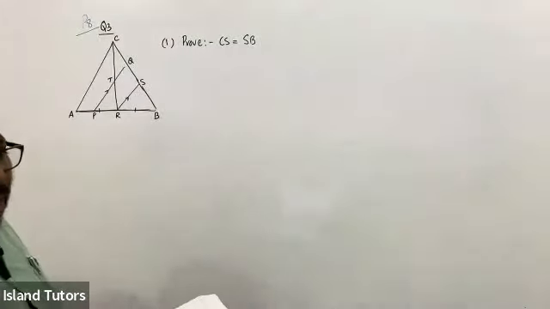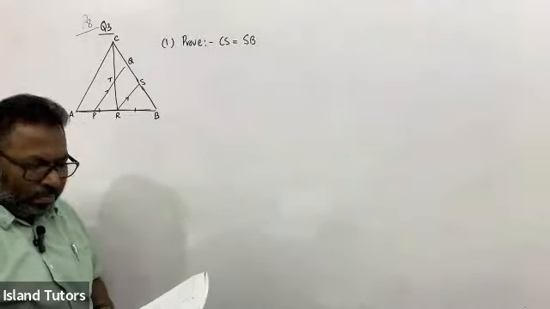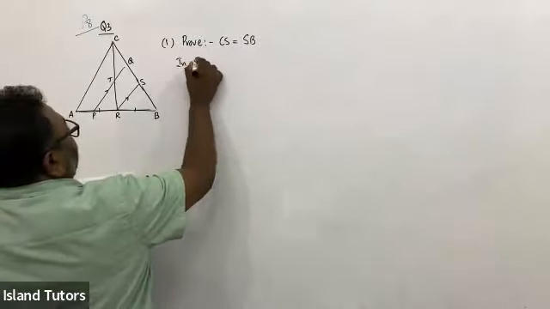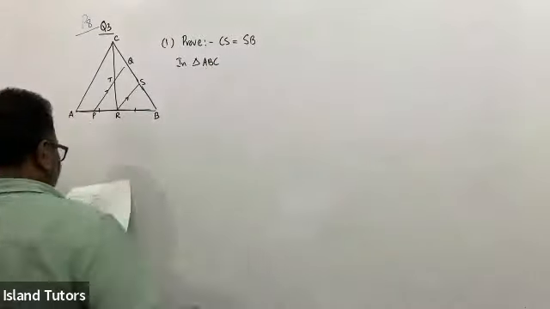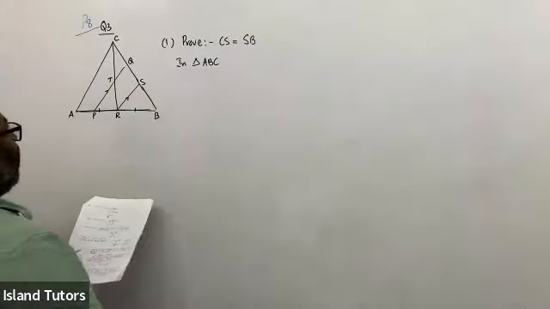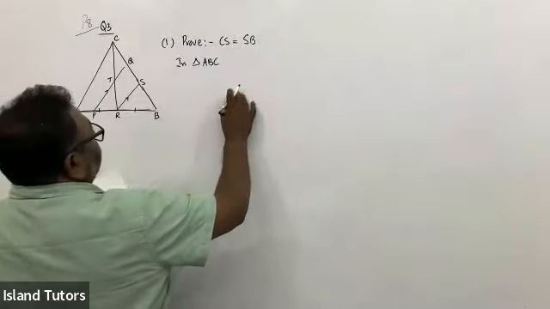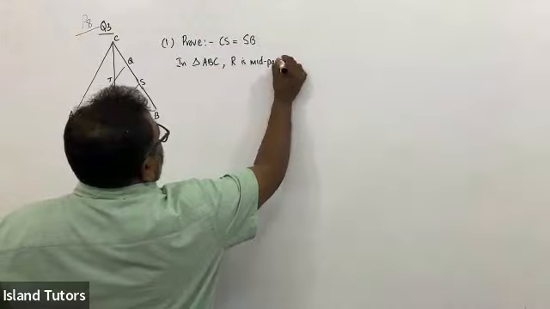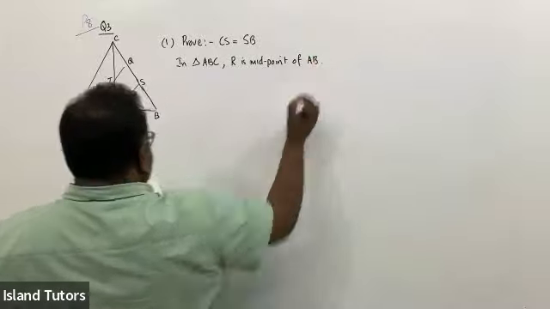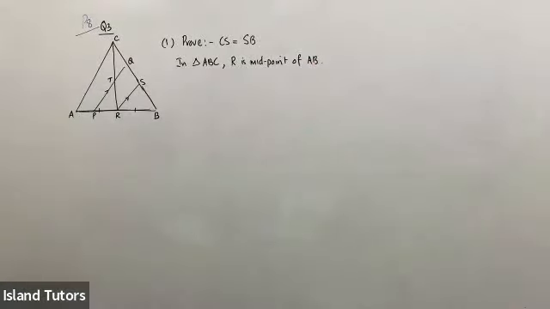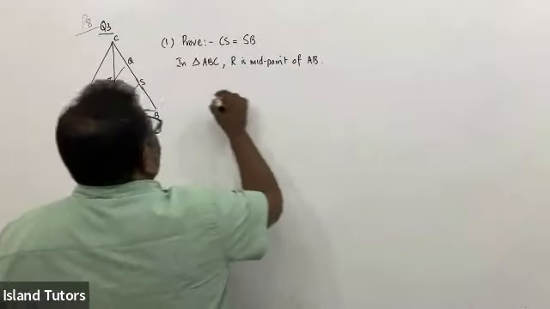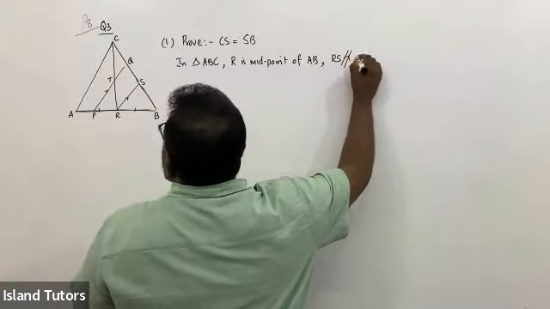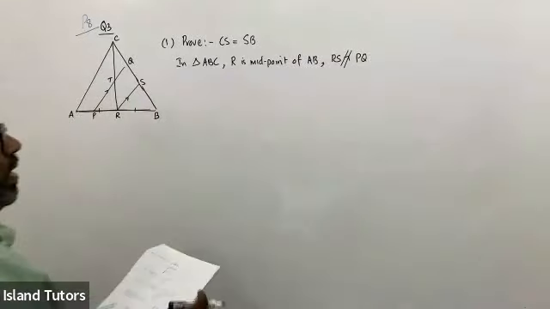Okay. So applying the converse of the midpoint theorem in triangle ABC, we can say in triangle ABC, R is the midpoint of AB and RS is parallel to PQ.